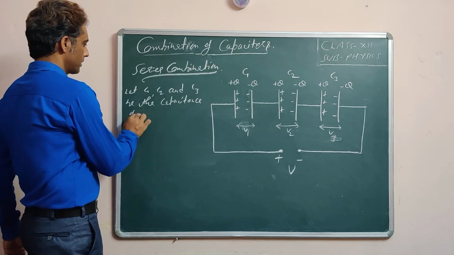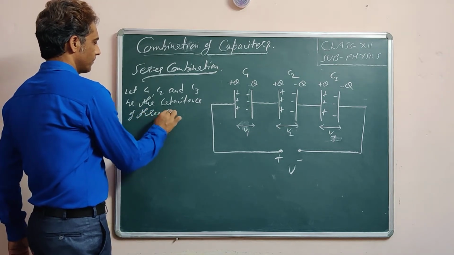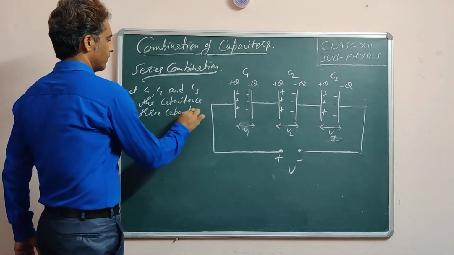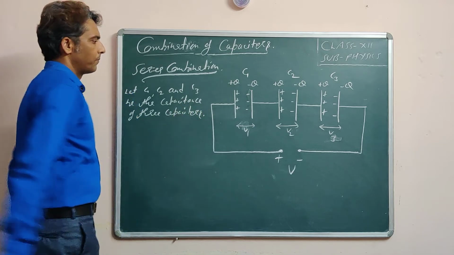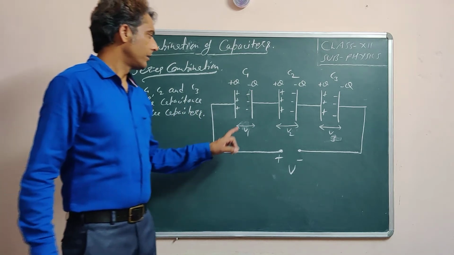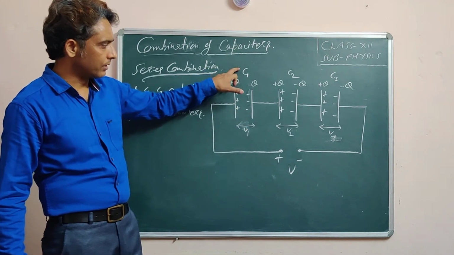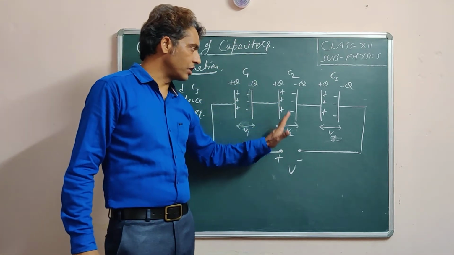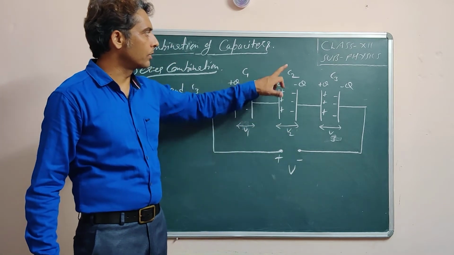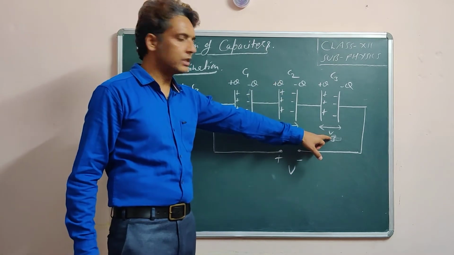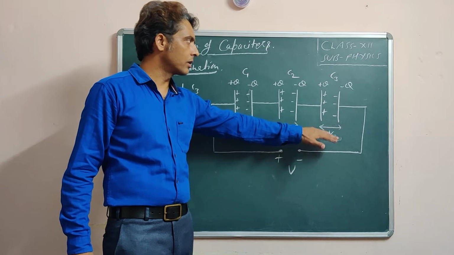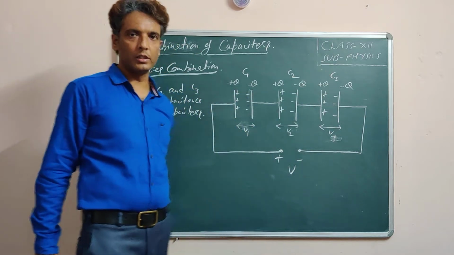Capacitance of three capacitors. And this V1 is the potential difference across capacitor of capacitance C1. V2 is the potential difference across capacitor of capacitance C2. And V3 is the potential difference across capacitor of capacitance C3.